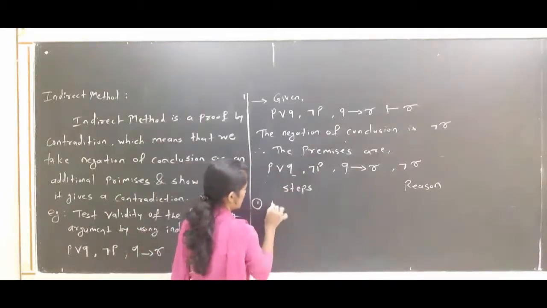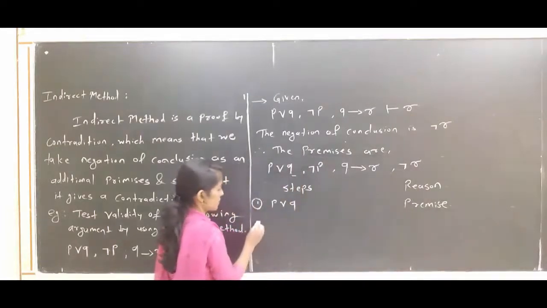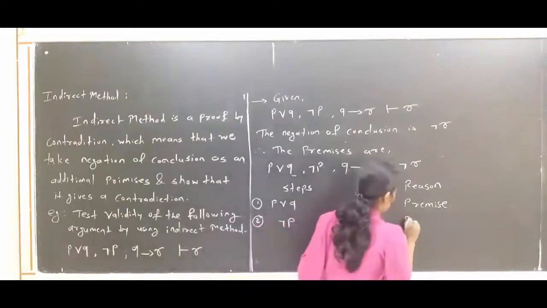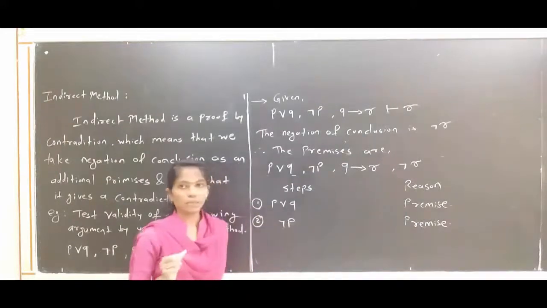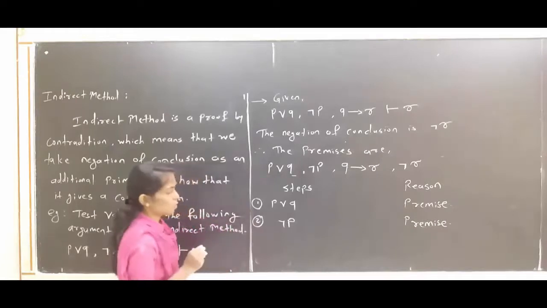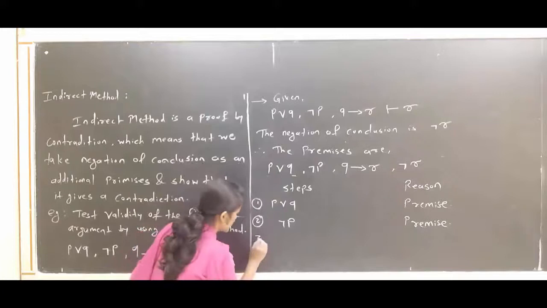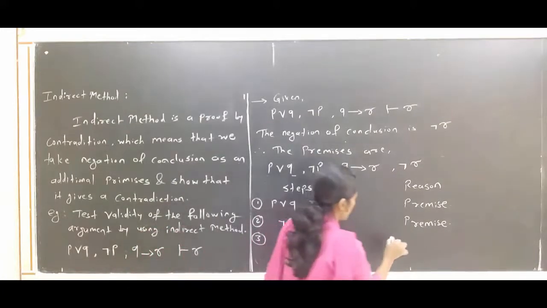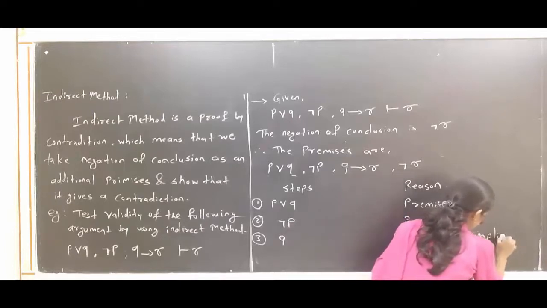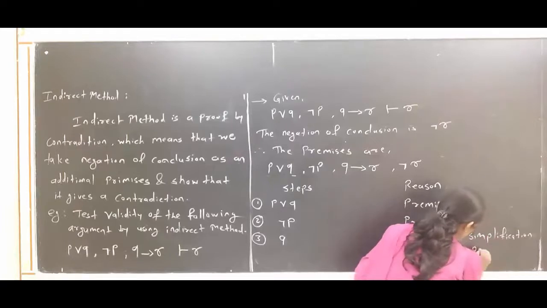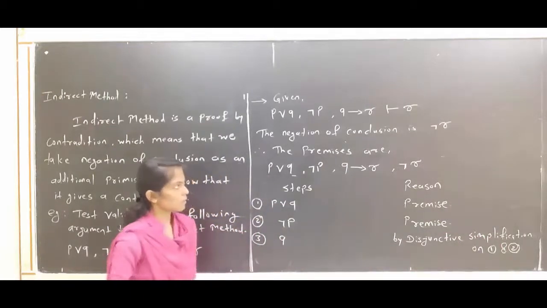First we take the premise P or Q. Now we take the second premise negation P. Here we know the disjunctive simplification: from P or Q and negation P, we get the conclusion Q. So we get Q by disjunctive simplification on first and second.